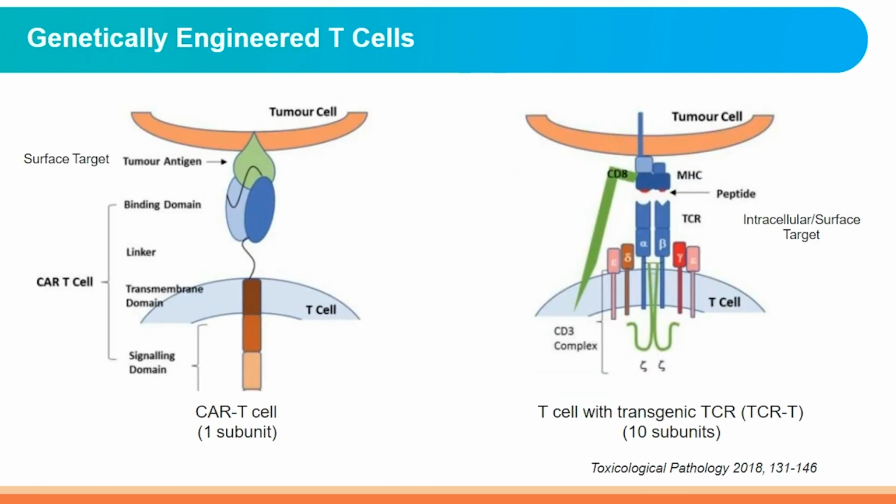This slide shows the structure details for two types of engineered T cells. As you can see the graph on the left side, CAR-T has a chimeric receptor formed by combining a single-chain variable antibody domain with signaling components from immunoreceptors and co-stimulatory molecules.